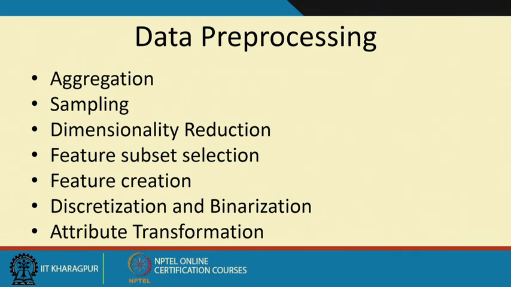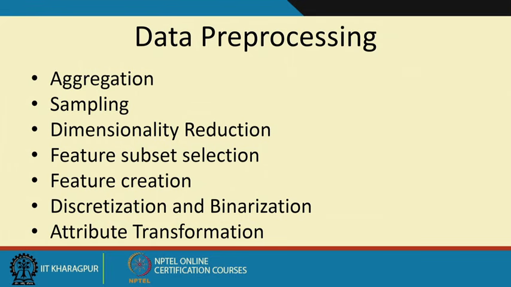So, the next what we have is something called dimensionality reduction, of which the third, the fourth and the fifth fall. The most common example I would give, for example, if you go to a doctor with lots of symptoms and lots of measurement, the doctor would not look at all of them, the doctor will select few of them.